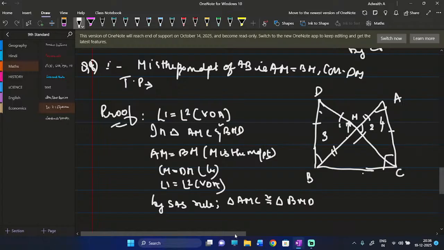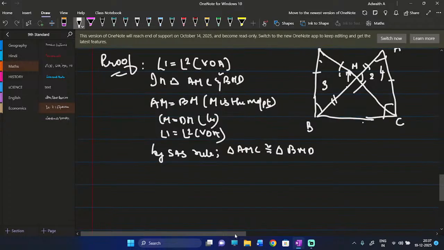We can say that by CPCT. We already proved these two angles, but by CPCT we can also say that angle 3 is equal to angle 4.